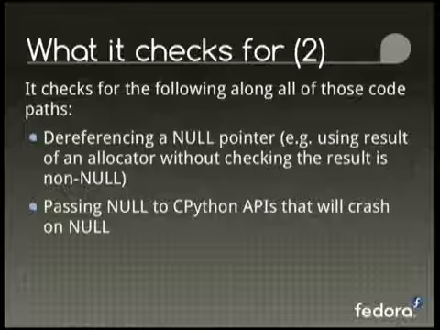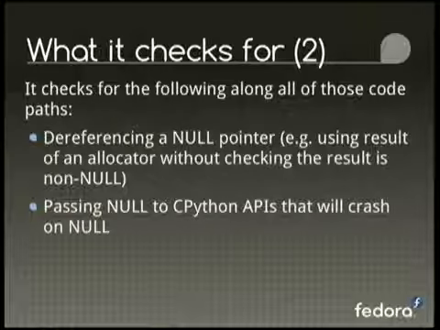And if you have C code that blithely uses the result of PyList_New, assuming that the result is non-null, i.e. it dereferences that pointer somehow, you will crash when that call returns null. Well, the behavior is undefined, but typically you'll have a segmentation fault of the interpreter.